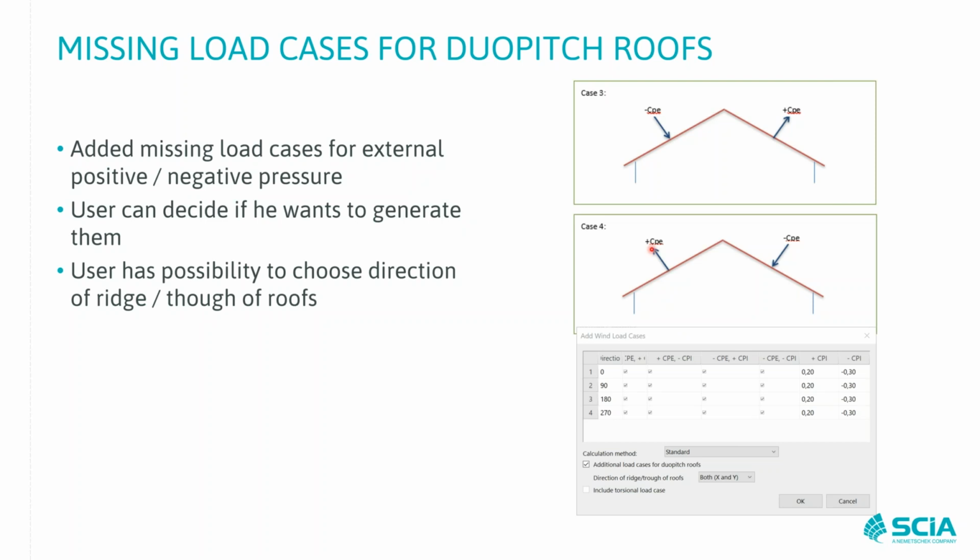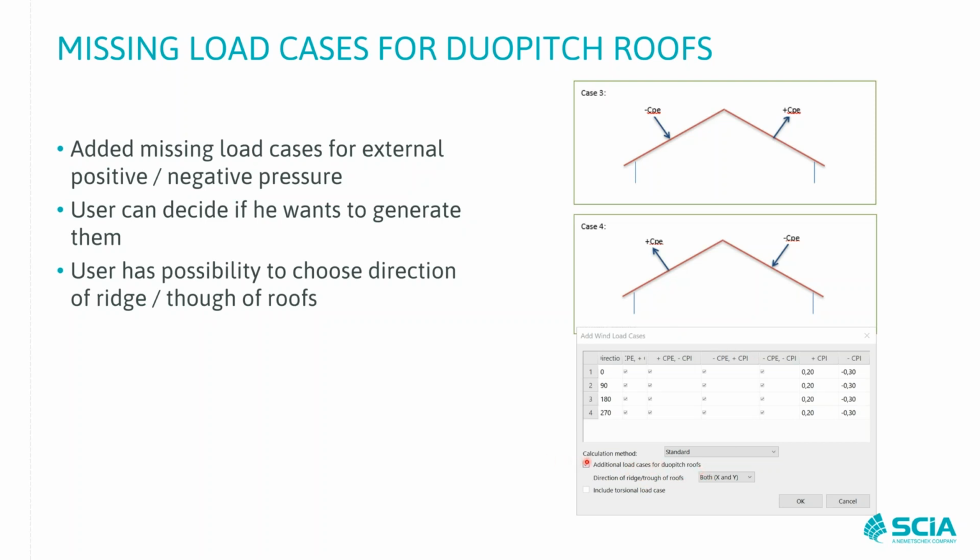You have these two load cases mentioned in the Eurocode, describing the state for dual pitch roofs, where you are combining the external pressure. And I think that you are familiar in our wind generator with this dialog. So we simply added the option here, the additional load cases for dual pitch roofs.